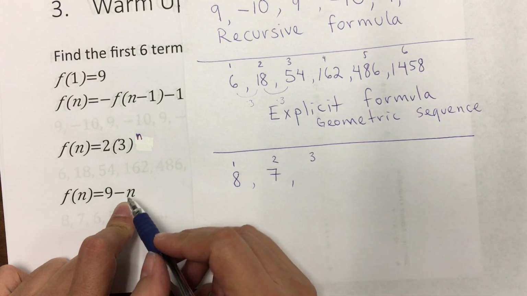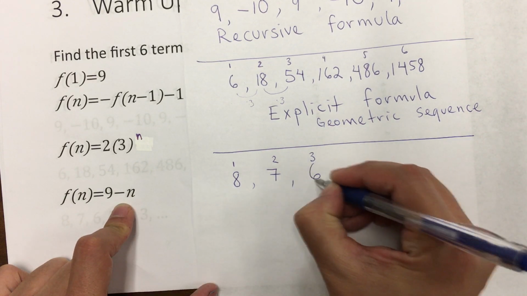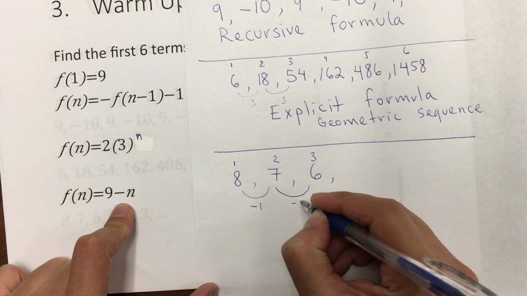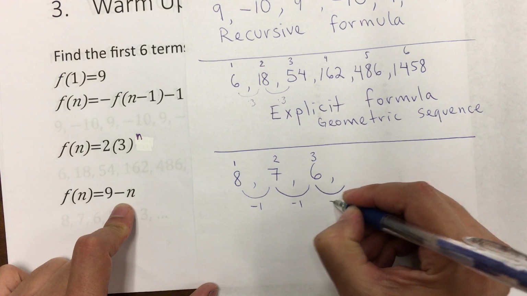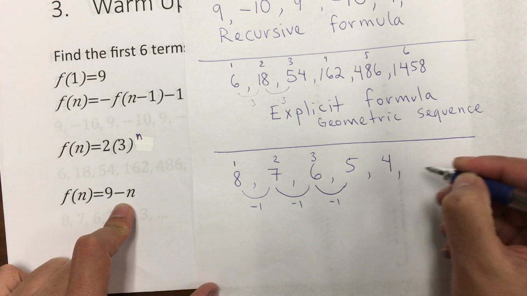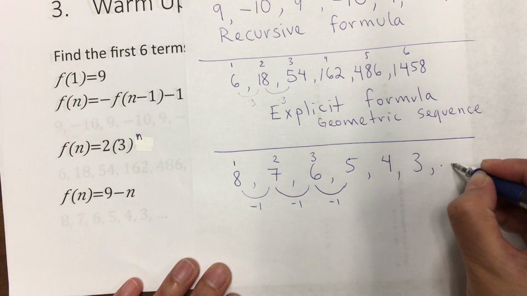For the third one, replace this with 3. 9 minus 3 is 6. We notice that we're subtracting 1, so we can just subtract 1 to find the other ones, which are 5, 4, 3, etc.